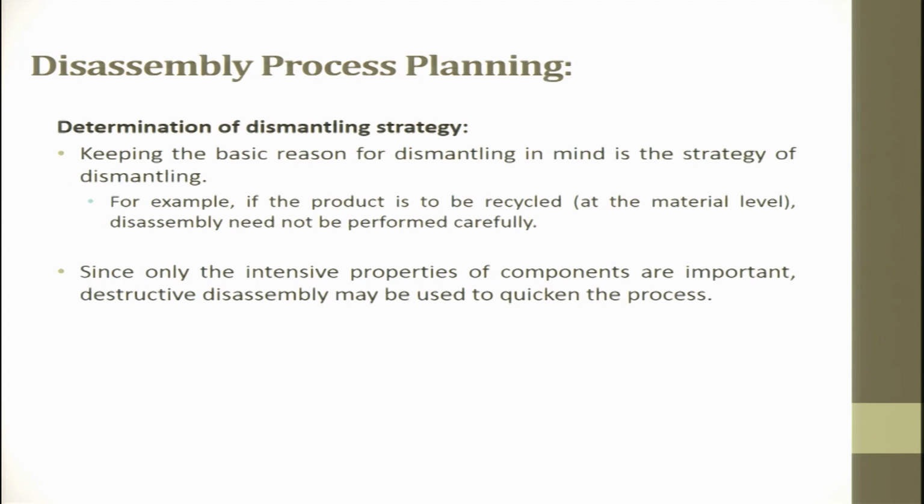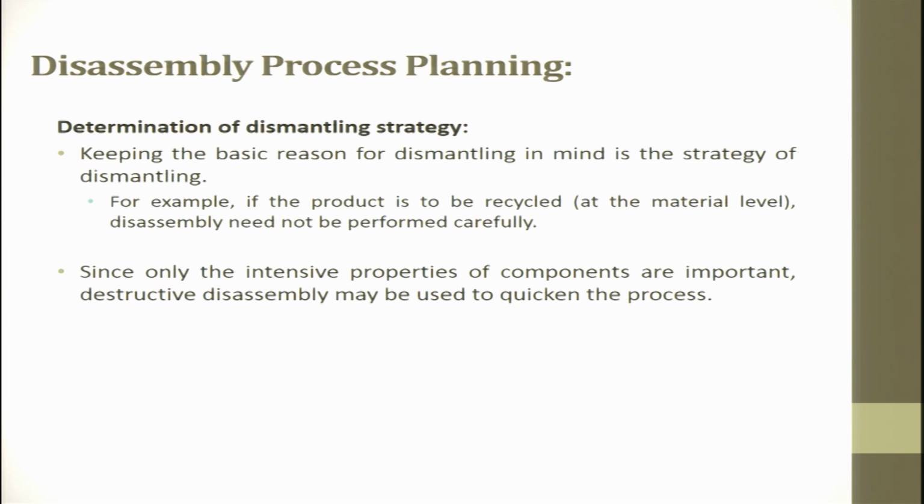Determination of dismantling strategy. Keeping the basic reason for dismantling in mind is the strategy of dismantling. For example, if the product is to be recycled at the material level, disassembly need not be performed carefully. For example, I am trying to take an iron hollow box, and inside the hollow box I have a shaft and a gear.